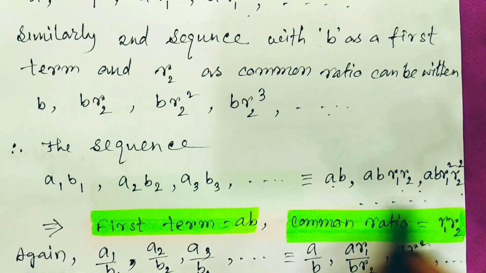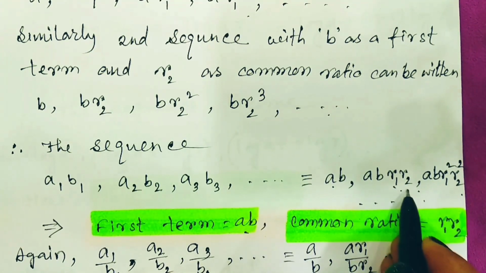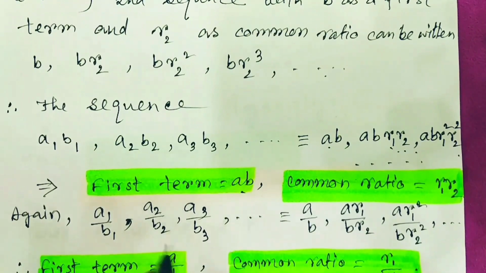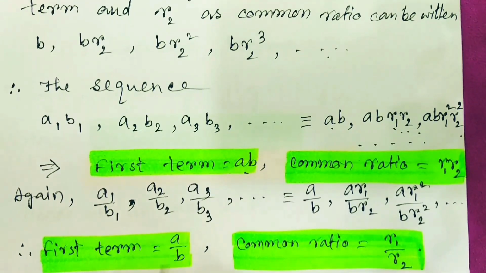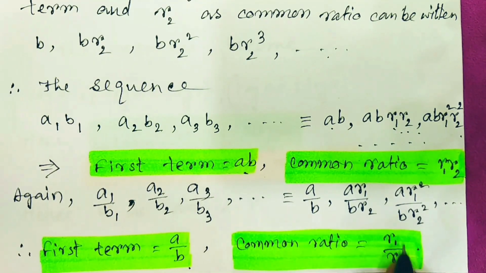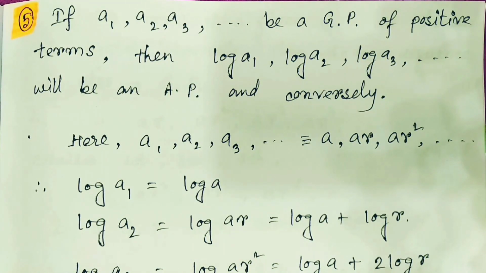So definitely here the first term is ab and the common ratio is r1 r2. Likewise, if we divide them, then the first term is a by b and the common ratio is definitely r1 by r2.